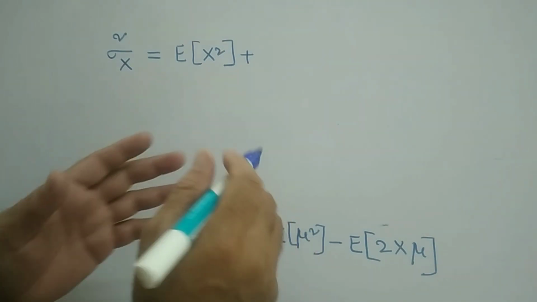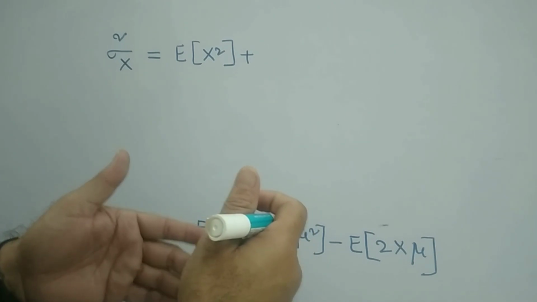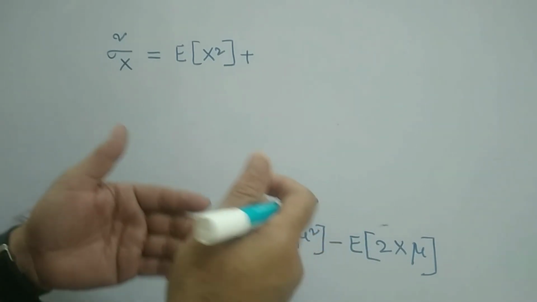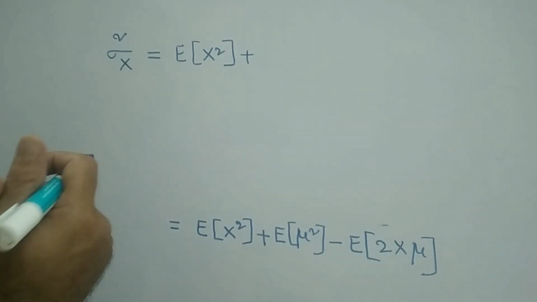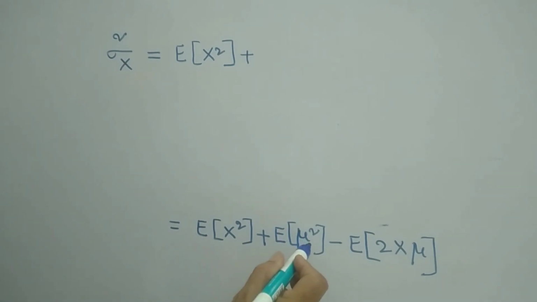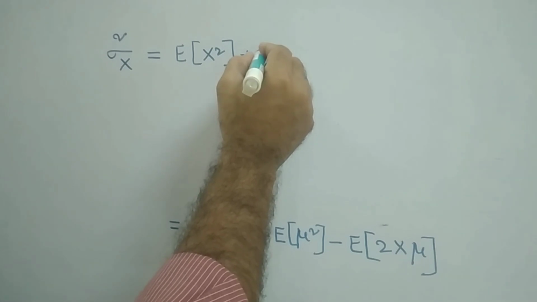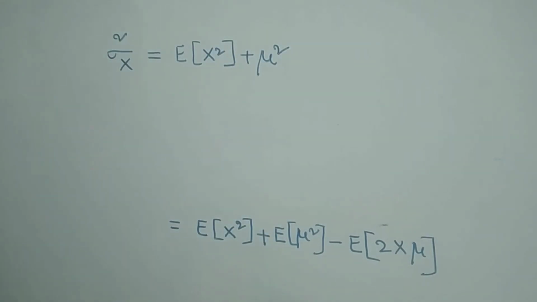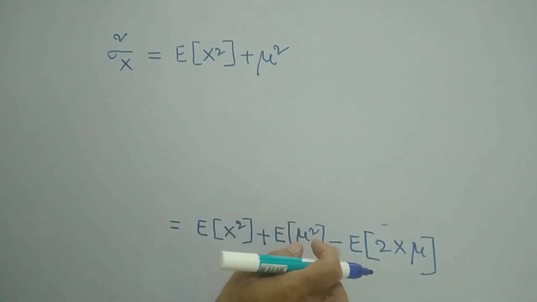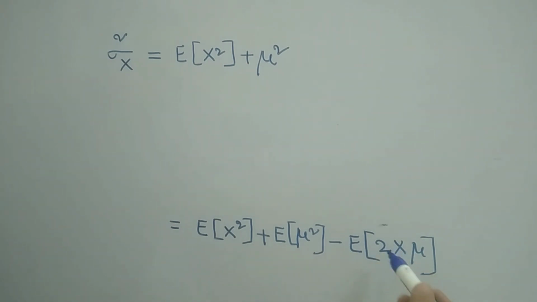Therefore, if you take the expectation of a constant, the value is a constant only. Therefore, expected of constant is nothing but constant. Therefore, expected of mu square is nothing but mu square only. Understood?